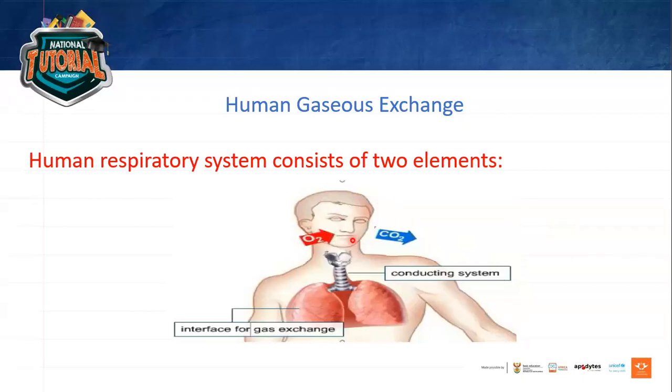As you can see, there's an indication of the mouth as well as the throat area over there. So there's an exchange of gases. The oxygen is the one that comes in, that you inhale, and carbon dioxide you exhale. Sometimes when you do the diagrams, it won't be written that it's oxygen or carbon dioxide, but you'll probably see the color.